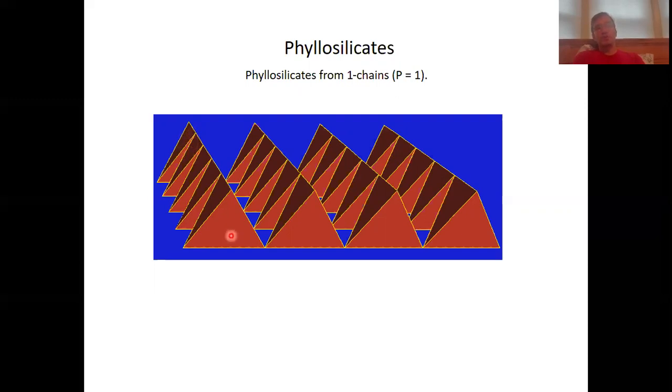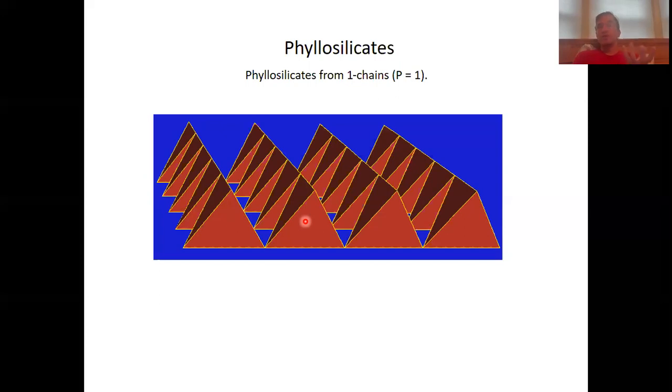We also see that in this direction, each oxygen is being shared by 2 tetrahedra. So each oxygen is bound to 2 silicons in the center of 2 adjacent tetrahedra.